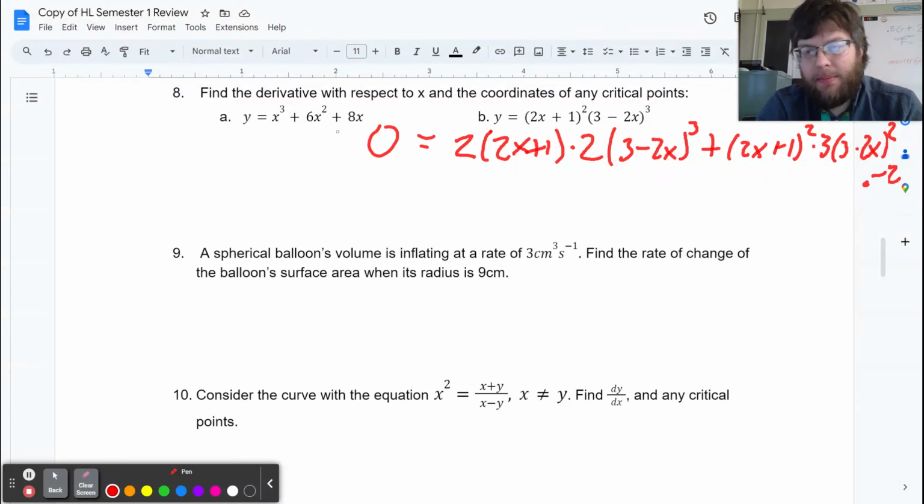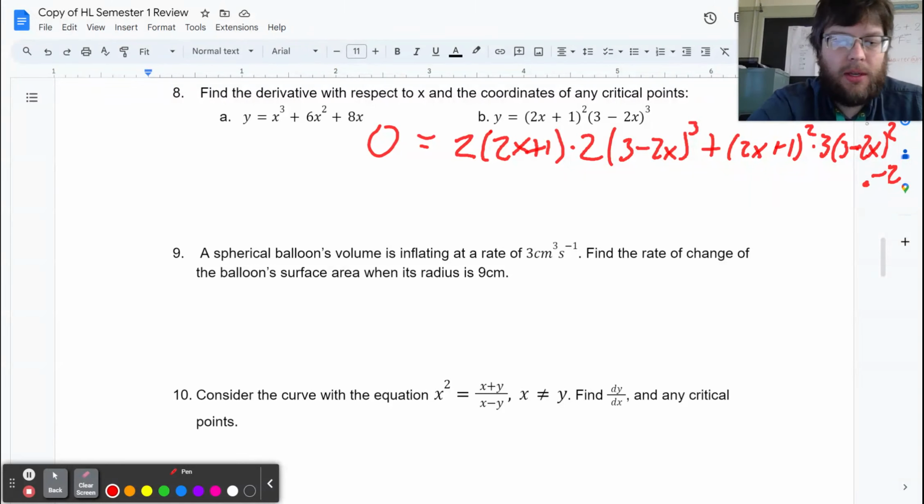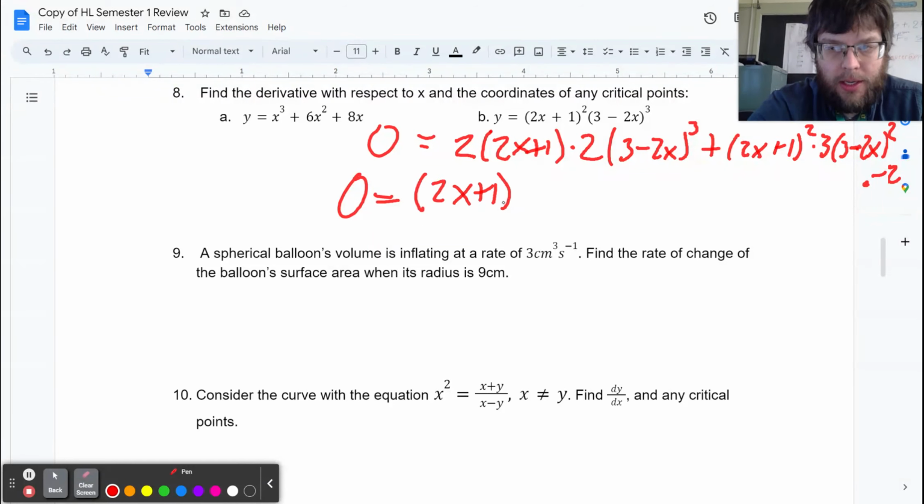Now this looks like a big mess here, but what I notice is that there's some factors that show up in common. Both of the terms have a 2x plus 1 and a 3 minus 2x in them. And in fact, the 3 minus 2x shows up at least to the second power.